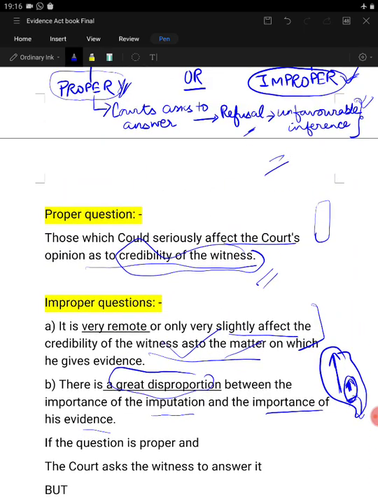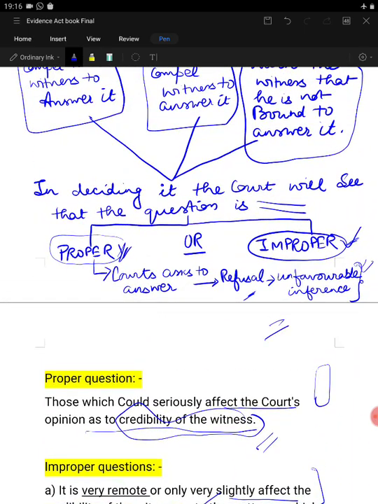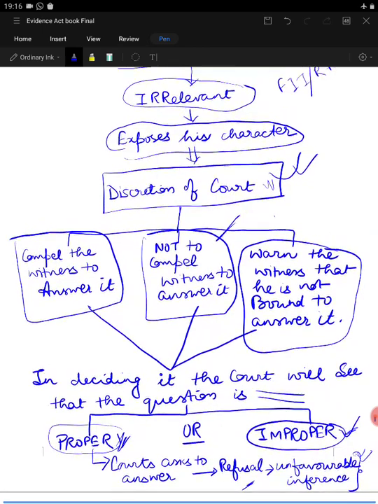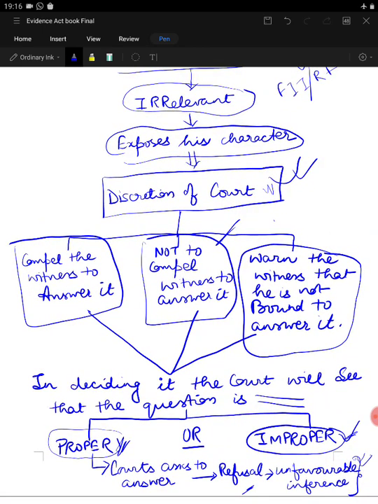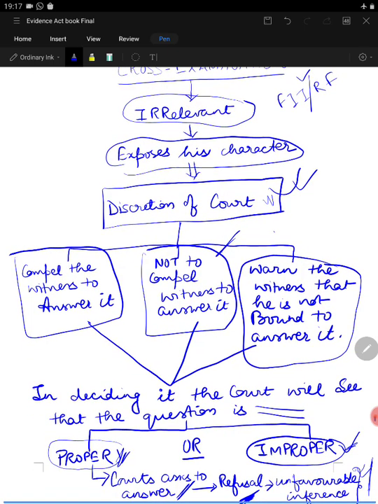And when the court decides that the question is proper, then the court will compel the witness to answer it, and if the witness still refuses, then the court can draw an unfavorable inference with respect to the witness.